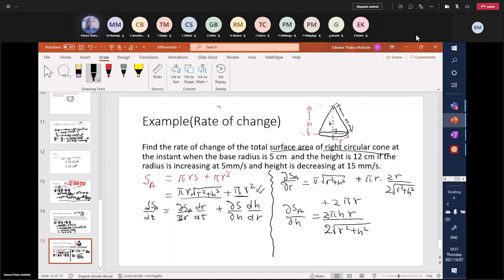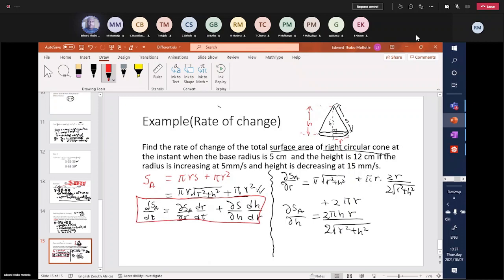That's why I have 2H multiplied by pi R all over 2 the square root of R squared plus H squared. Now we have all we need. What remains is for us to substitute these into this equation here and solve.